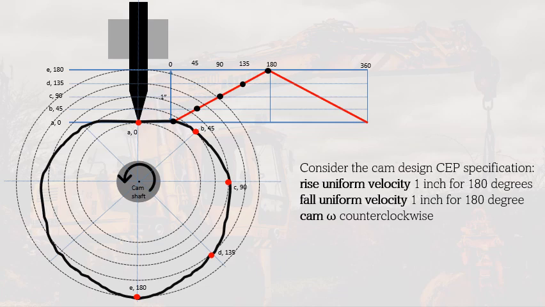Therefore, we will have this cam profile in order to achieve this motion that we needed. Take note that the input in the design is the motion required, and the output is the cam profile design, among others. That is how we use the knife edge in drawing the cam profile, and also how to draw the displacement diagram for uniform velocity.